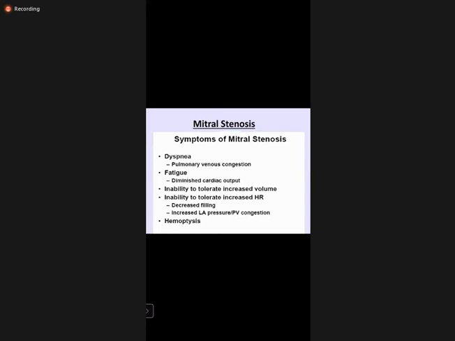The symptoms of mitral stenosis include dyspnea, which is because of pulmonary venous congestion, fatigue, which is due to diminished cardiac output, depressed exercise tolerance, palpitation, and hemoptysis.